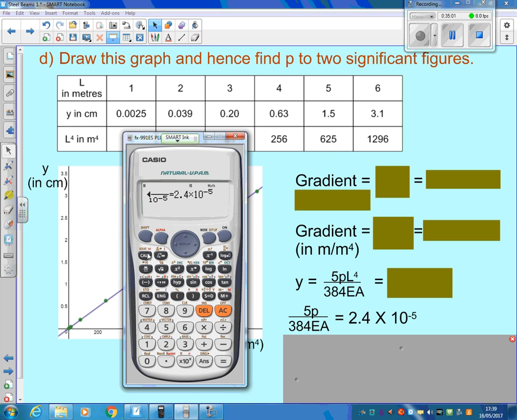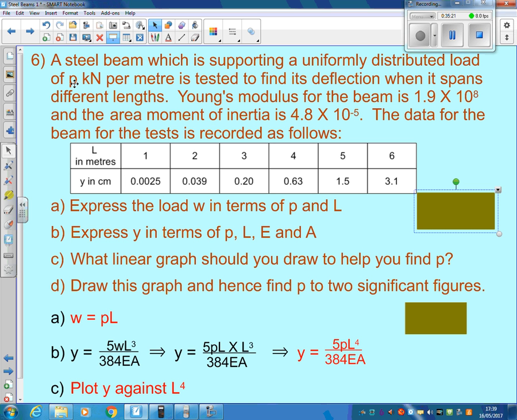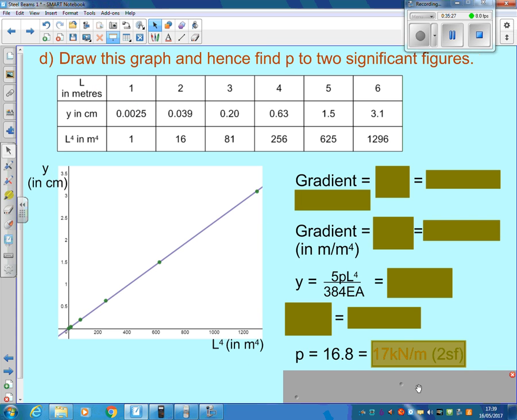Shift, solve, and let's hope I put the numbers in right. 16.8, yes, P is 16.8. It says to two significant figures, so I want 17. So that is 17 kilonewtons per meter, because if we look back at the question, P was equal to the load per meter. So there's our answer, 17 kilonewtons.